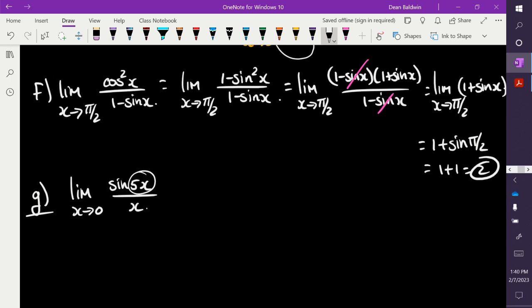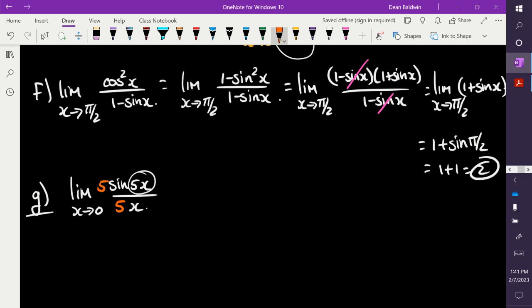If this is 5x, you want the same in the denominator, okay? So I want a 5 there, but you can't just throw a 5 in. What can you do? You can multiply by 1, 5 over 5, right? If I put a 5 there and a 5 there, really that's just 1. Correct?